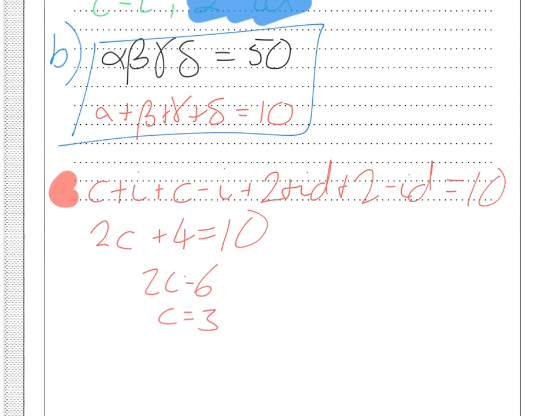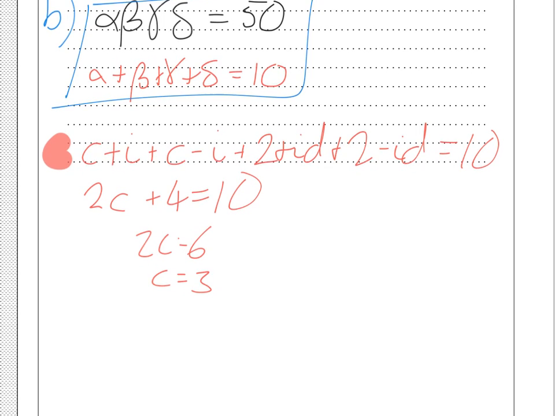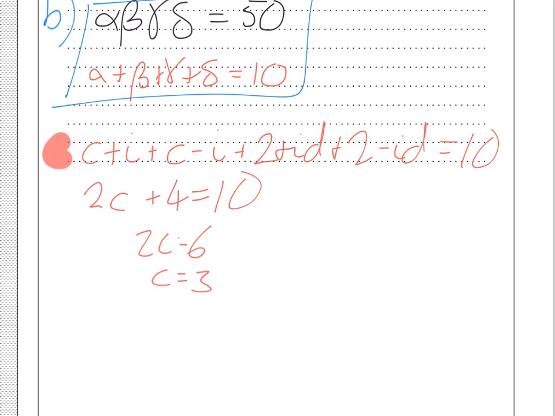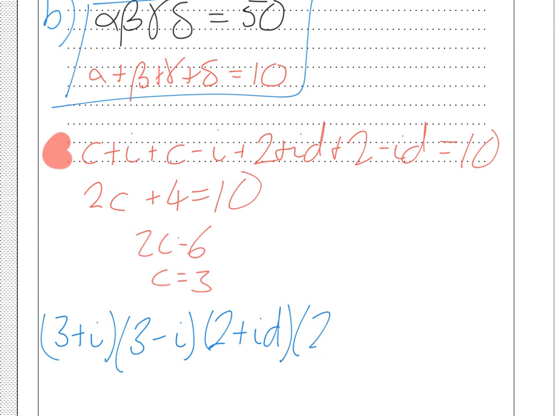Then to find D, we'll use the black equation, Vieta's formula, alpha, beta, gamma, delta. 3 plus i times 3 minus i times 2 plus id times 2 minus id equals 50.